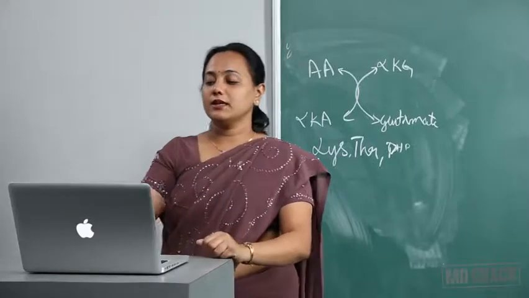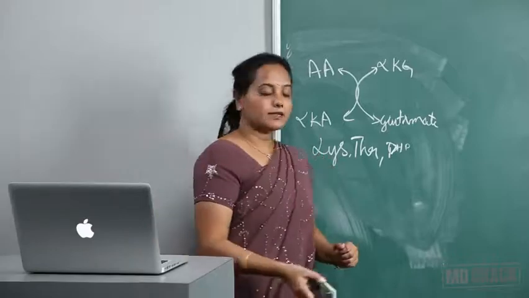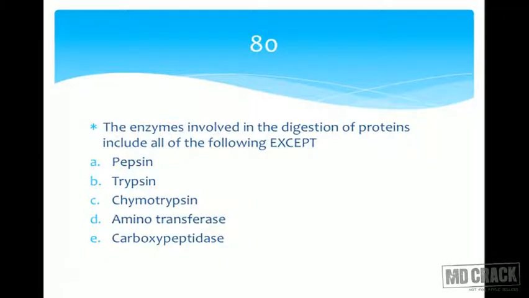The enzymes involved in the digestion of protein include all of the following except. This is something related to digestion of protein. The exception, you should be able to tell, is aminotransferases. Remember this reaction only, where amino acid transamination is the enzyme which catalyzes the conversion of amino acids to glutamate. Is it involved in amino acid metabolism? Yes, it is very important. Alanine transaminase, aspartate transaminase are very important transaminases in amino acid metabolism. However, they are not involved in digestion of proteins. Digestion of proteins is where proteins are broken down to their respective amino acids, and for that you need proteolytic enzymes.